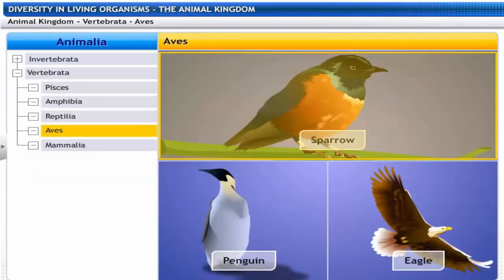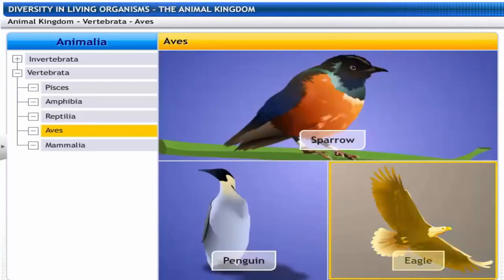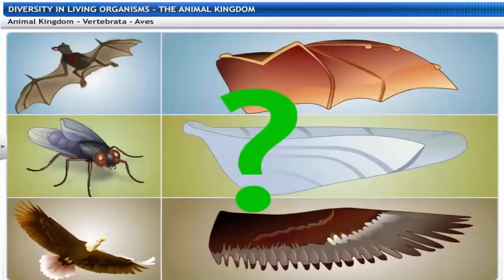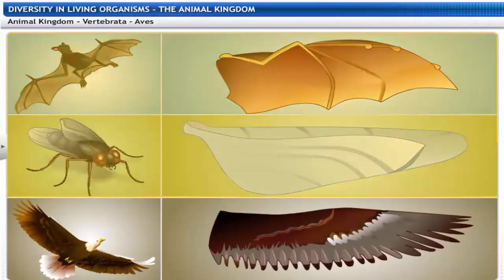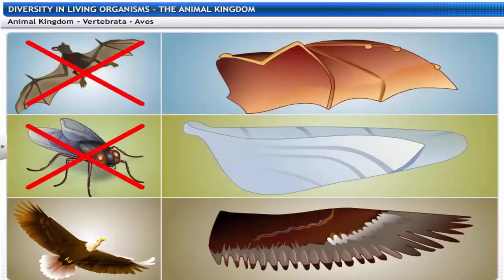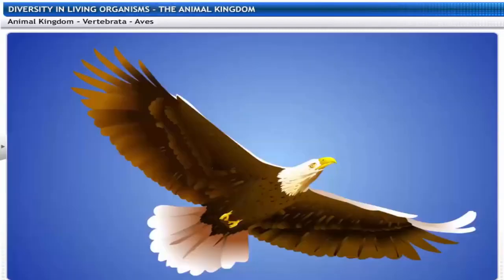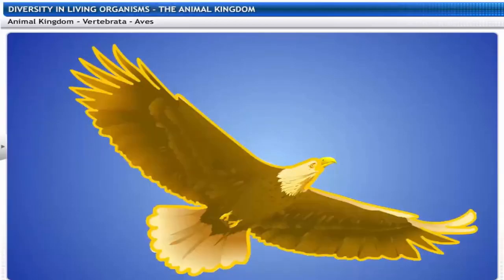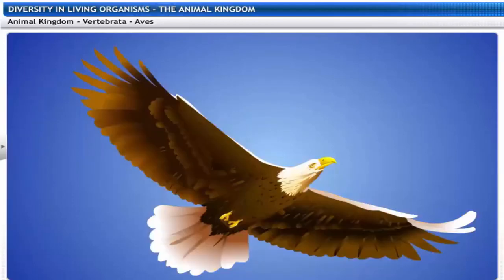All birds like sparrows, penguins and eagles fall in the Aves category. Do you think having wings makes an animal a bird? Bats and houseflies have wings, but they are not birds. So animals are classified as birds only if they have feathers.